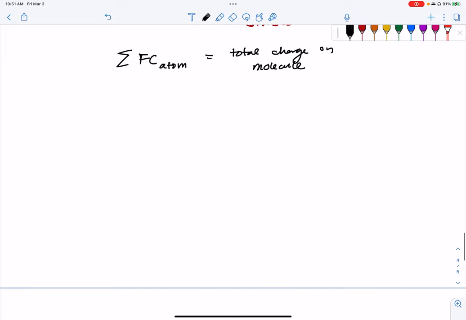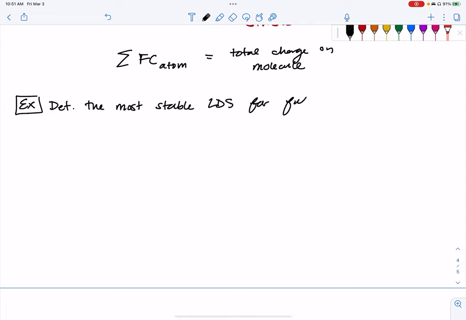So let's do an example where I want us to determine the most stable Lewis dot structure for fulminic acid, HCNO.